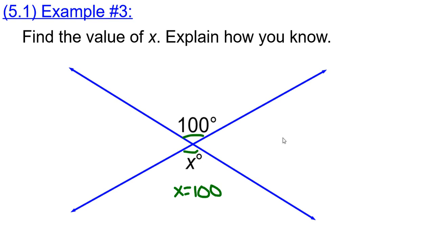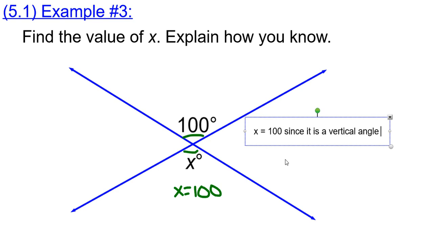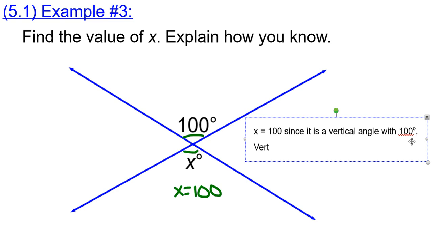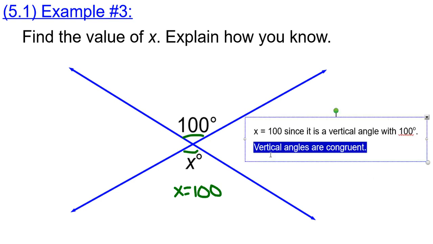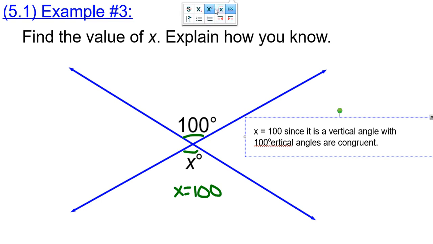It says explain how you know, so I'm going to just type that out right here. I'm going to say that x equals 100 since it is a vertical angle with 100 degrees, and vertical angles are congruent.